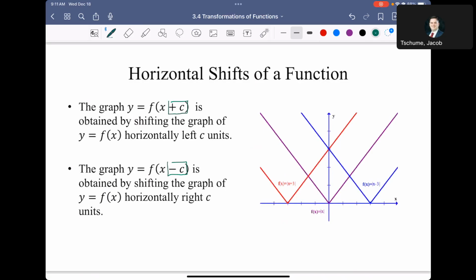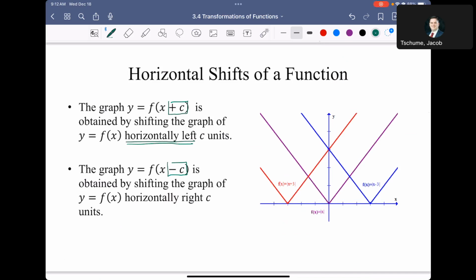You're either going to shift left or right. Now be careful here because this one does work a little backwards from what you would think. When you have a plus c on the inside, this means you are going to actually shift left of the original picture that you know.